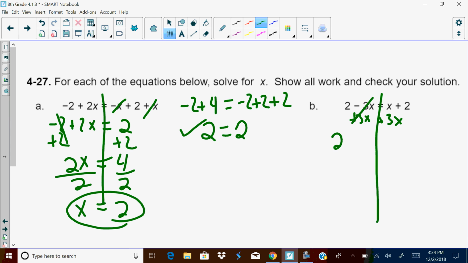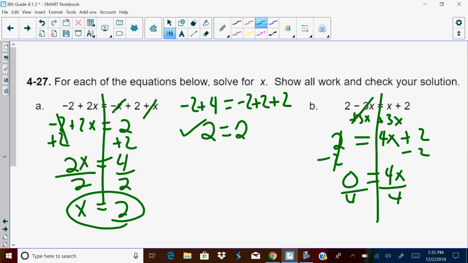So I get 2 equals 4x plus 2. Subtract 2. Let's cancel. So I end up with 0 equals 4x. Divide by 4. So 0 equals x. So then I'll double check it. So I get 2 minus 0, which is 2, equals 2. So it checks out.